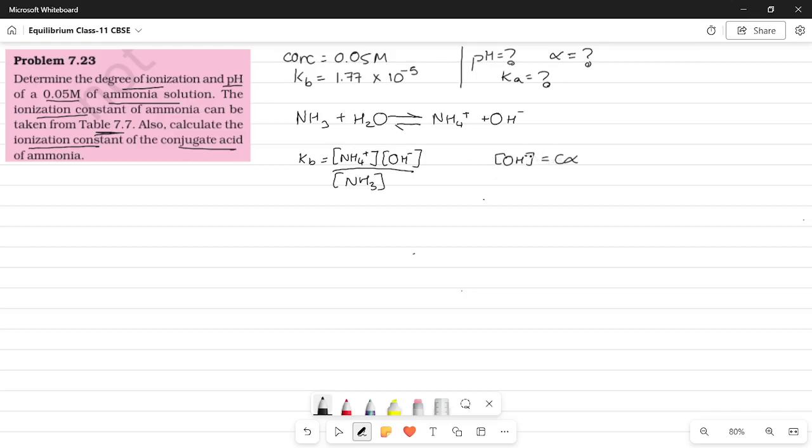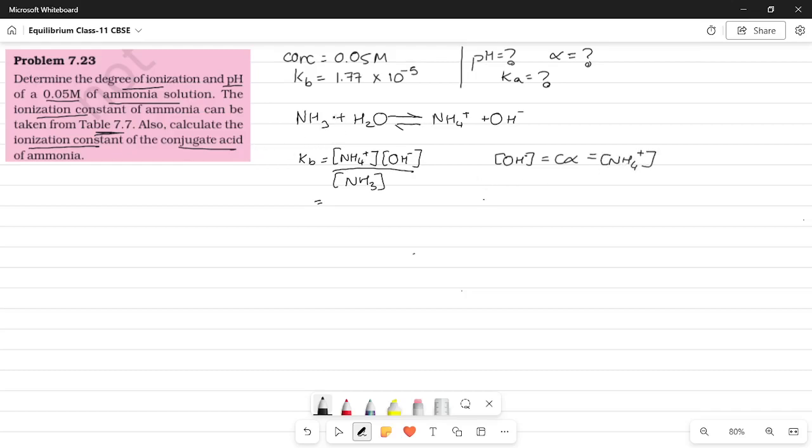The concentration of OH minus should be equal to the concentration of NH4 plus, so you would have equal amounts of NH4 plus and OH minus. Again, definitely check that out because it gives you a more detailed explanation. So we have C alpha because these two have the same concentration.